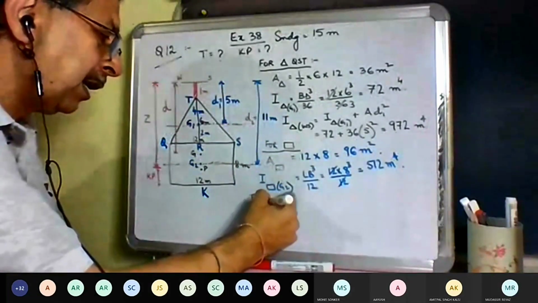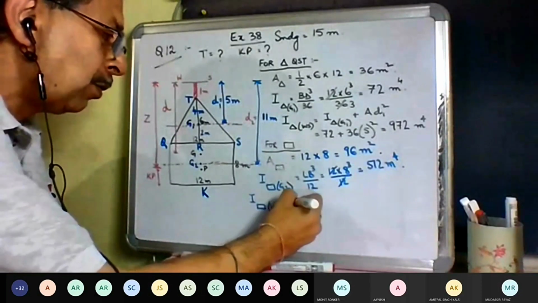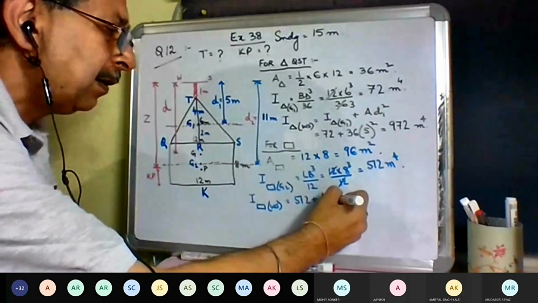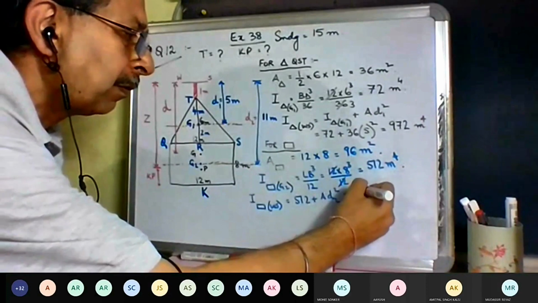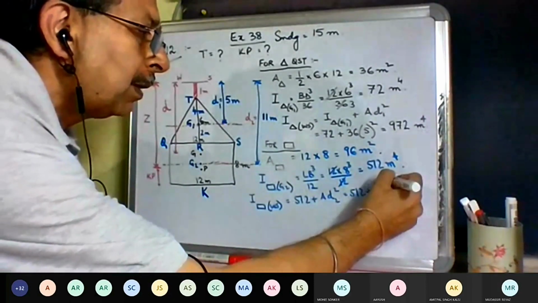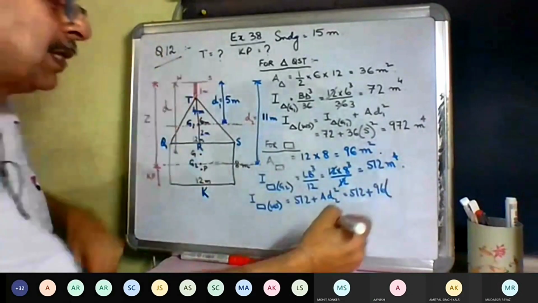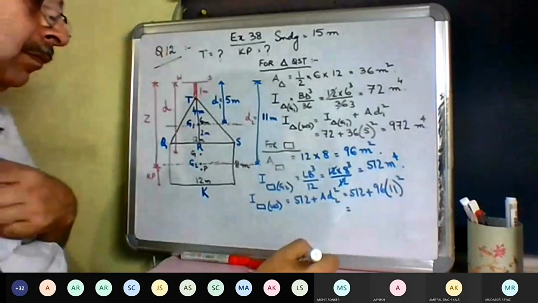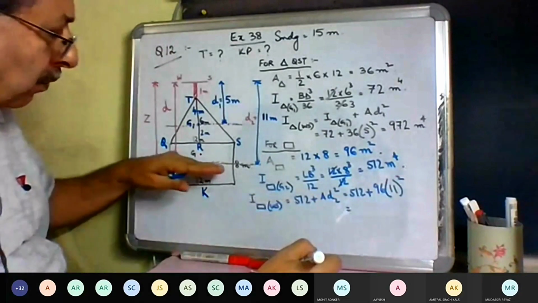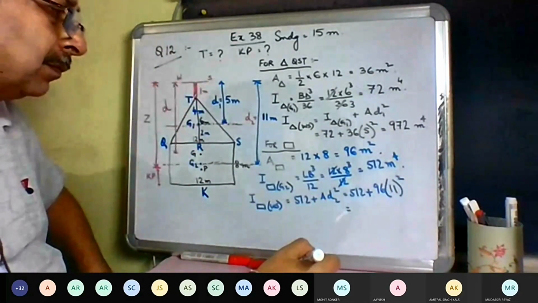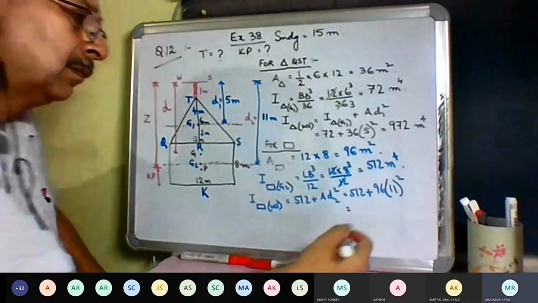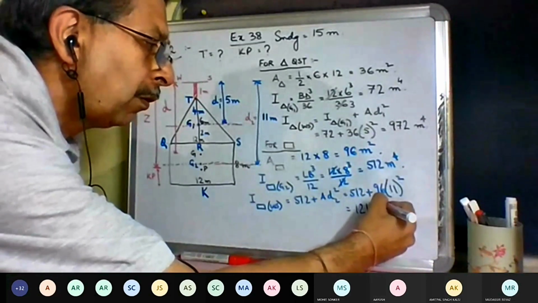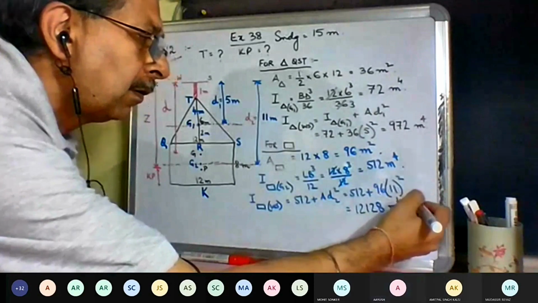So I of the rectangle about the water surface will be equal to 512 plus A D2 square. 512 plus 96 into 11 square. Again I'm using the theorem of parallel axis and shifting this axis to WS. That gives 12128.